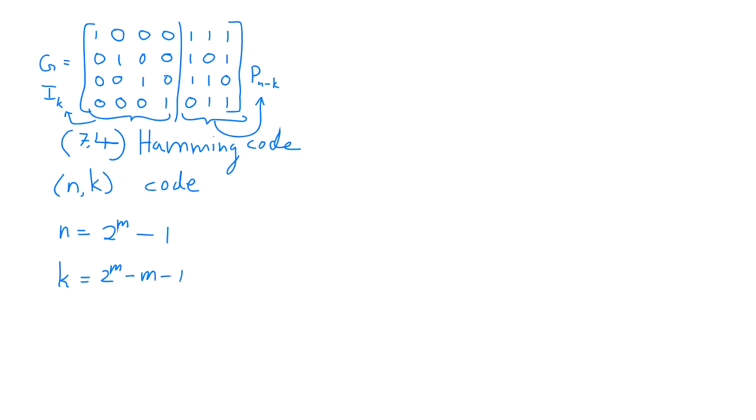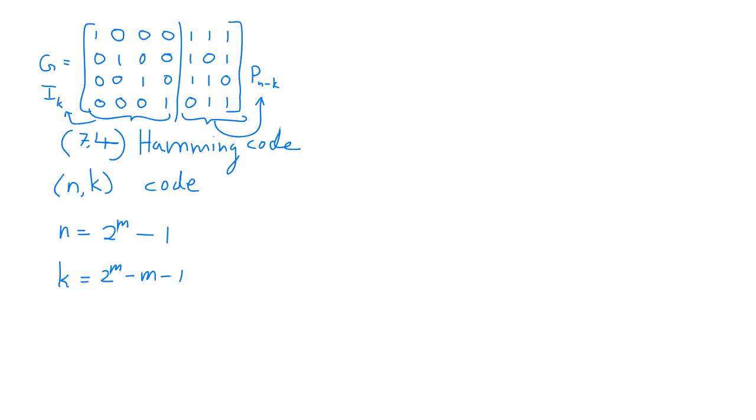So when we are designing the Hamming code, we cannot choose the values of n and k as we like. The values of n and k for the Hamming code have to be chosen according to these relations: n is 2^m - 1 and k is 2^m - m - 1.